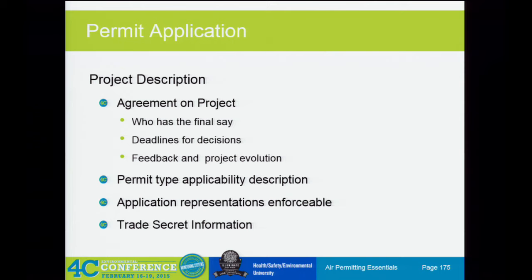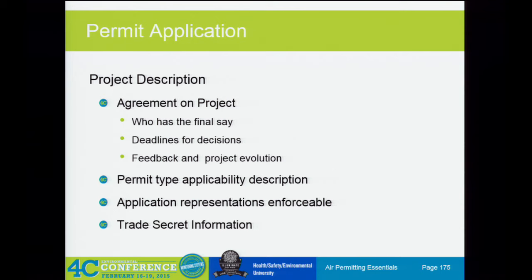And then keep that up to date. As the large project evolves, as they tend to, then you'll need to update your permitting project as well. All of that information will need to be included in the application, and I'll show you how that gets included.